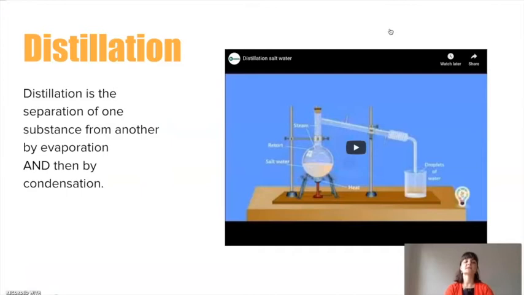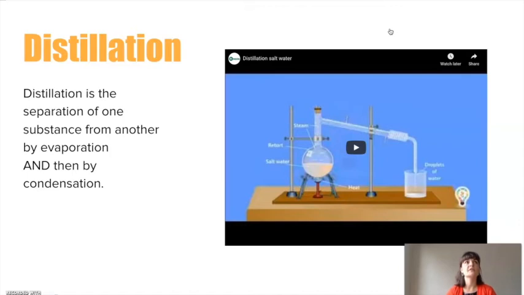So distillation is the separation of one substance from another by evaporation and condensation. In the earlier example, we looked at evaporation and we saw if we took salt water, we could get salt if we heated the salt water solution, got rid of the water, and then we would be left with the salt.